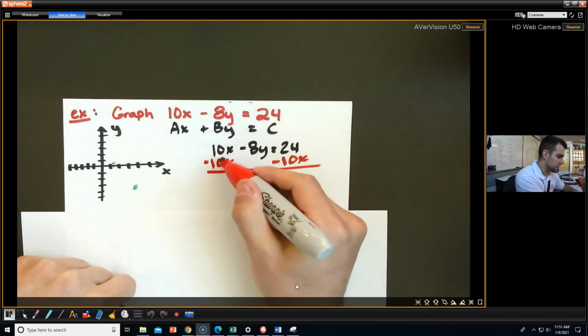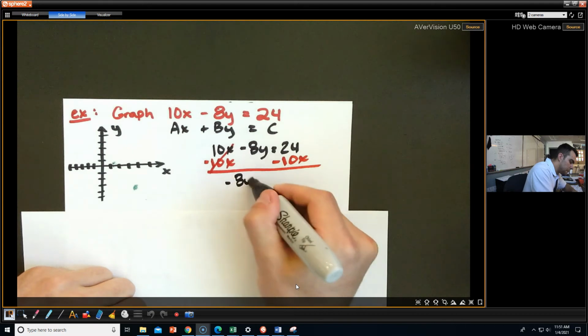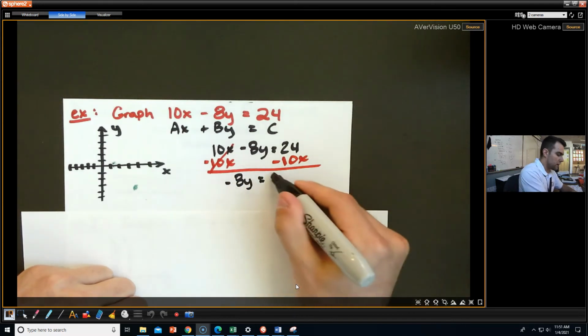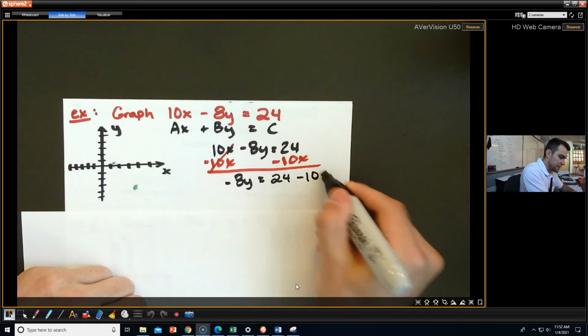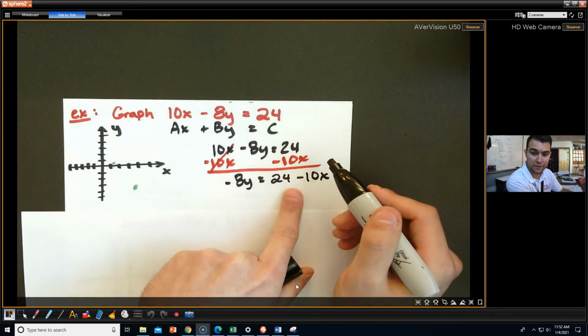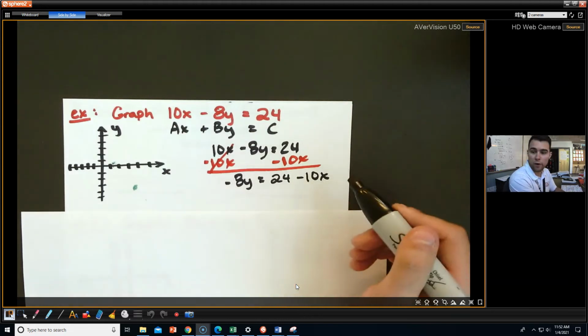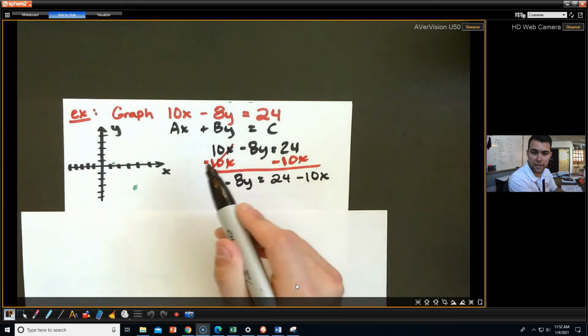And so the 10x's here are gone. I'm left with negative 8y equals 24 minus 10x. Keep in mind, I can't combine those. They're not like terms. They both do not have an x. So that's step one. Subtract both sides by the ax.